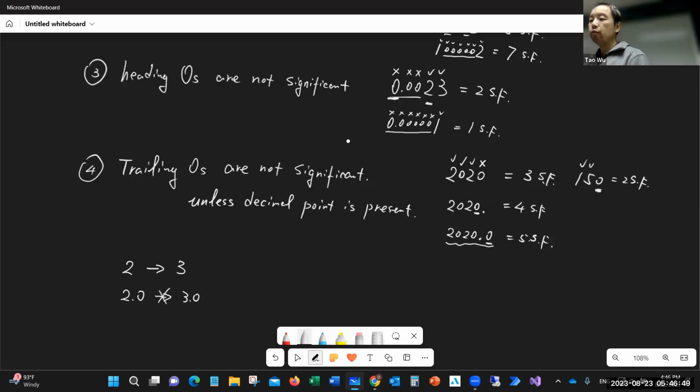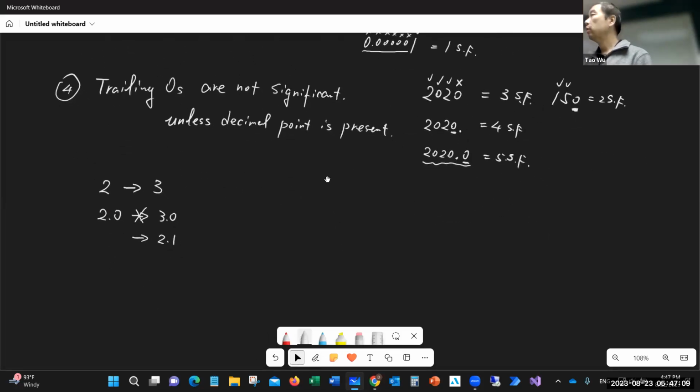Definitely not 3.0. The next accurate number is 2.1. That is why the sig figs are very important, because when you assume, the numbers are different. So we need to write those numbers carefully.